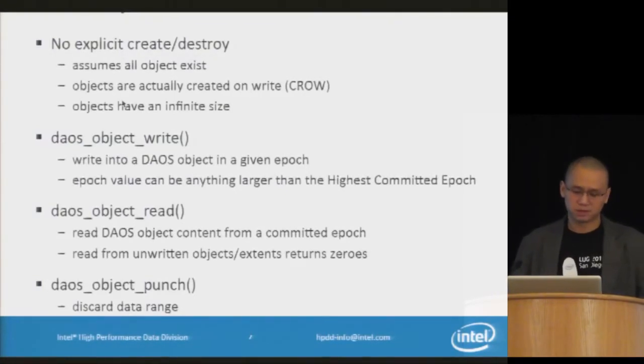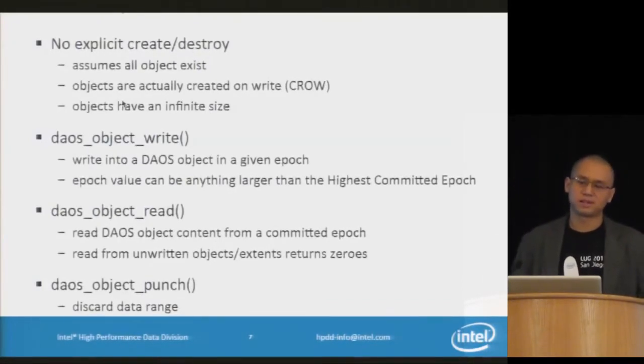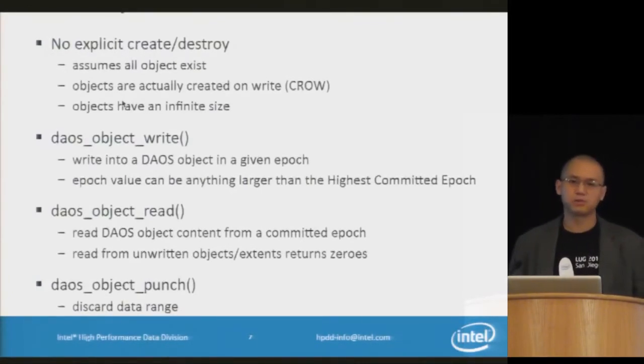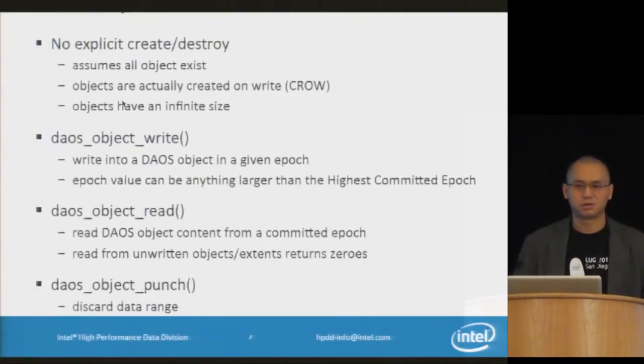We always assume that all objects exist, which means in the backend file system, the object is created on the first write, and it will be removed and all space recycled on an object punch from 0 to infinity. If the user is reading from an empty object or from a non-existent extent of an object, they just get all zeros.